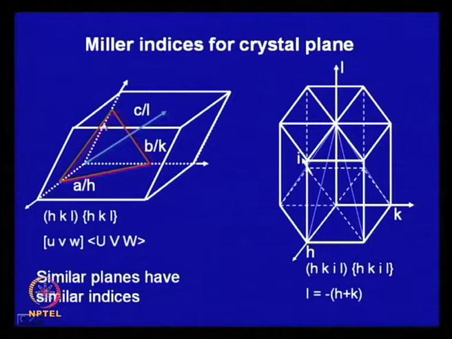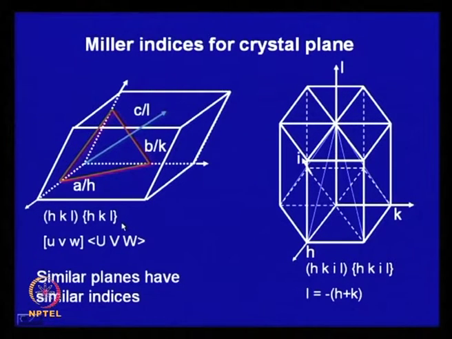The indices of this plane we define as HKL, which are the reciprocals of these intercepts. We represent this particular plane as HKL, but in the crystal, because of symmetry, there will be several planes with similar atomic arrangement, and this set of such planes is represented by curly brackets.